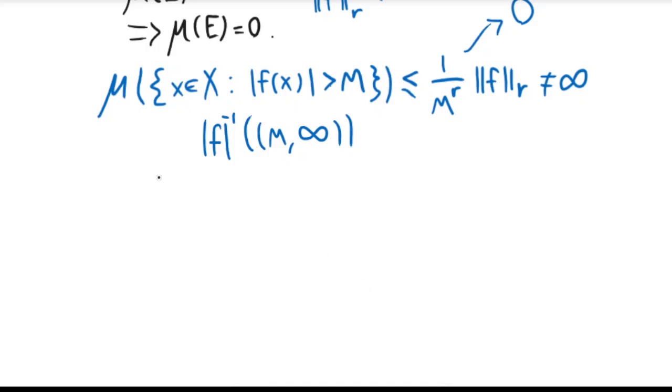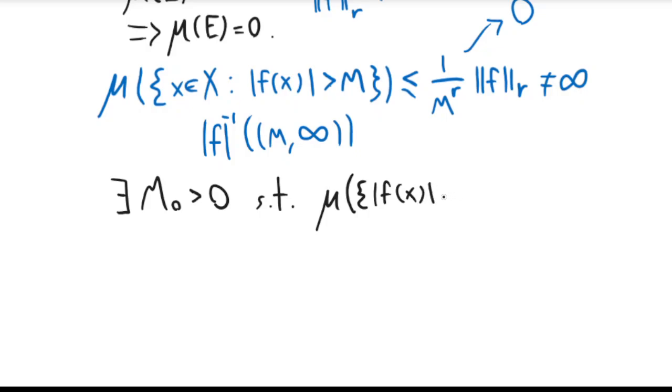So why is that useful? Well, again, our space doesn't contain sets of arbitrarily small positive measure, so a set of small enough measure must have measure 0. That means that there exists a positive m0 such that the measure of the set of points for which |f| is at least m0 is equal to 0.